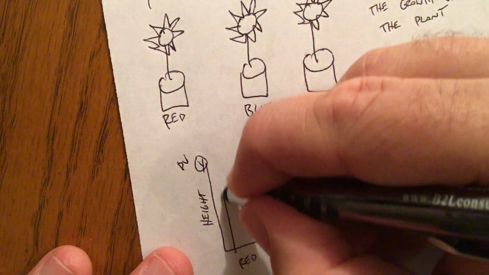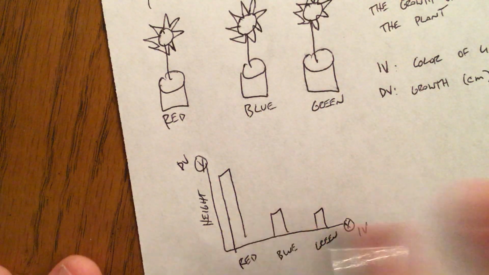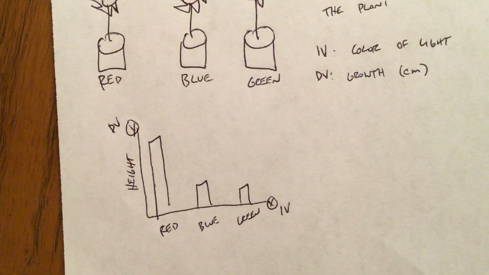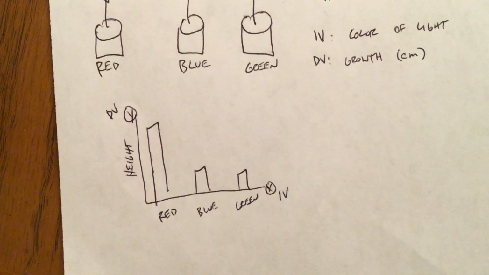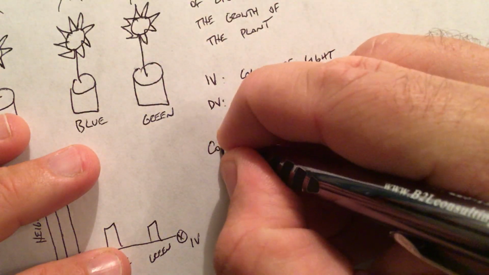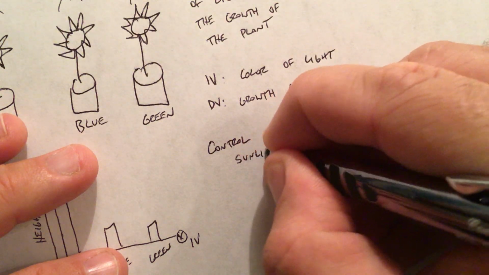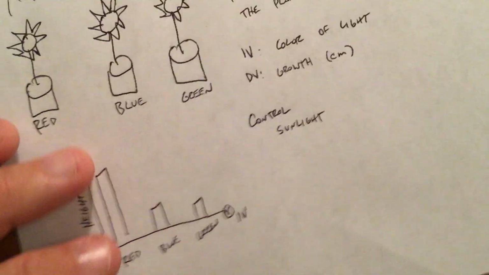And let's say the red plants grew a lot taller than the blue plants and the green plants, so we determined that red light does have an effect on the growth of the plant. In this experiment, you could have a control group, the one that's under natural conditions. That's going to be a sunflower grown in sunlight.